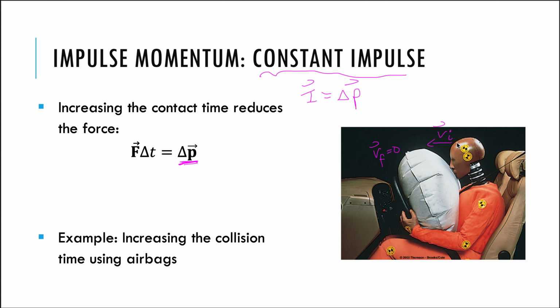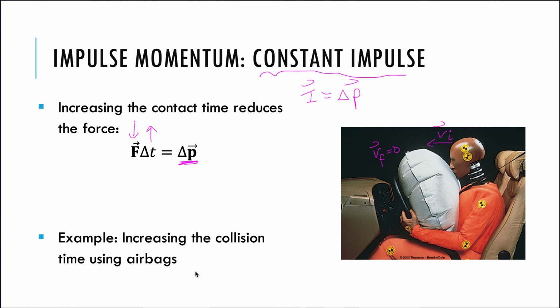So your change in momentum is constant, right? Your impulse is constant, whether or not you have airbags. So that means that if you increase the contact time, then in turn, the force must decrease so that we still have a constant impulse and constant change in momentum. So that's the idea behind airbags, is increasing that time of contact to reduce the force.